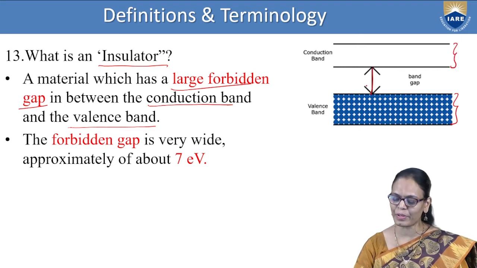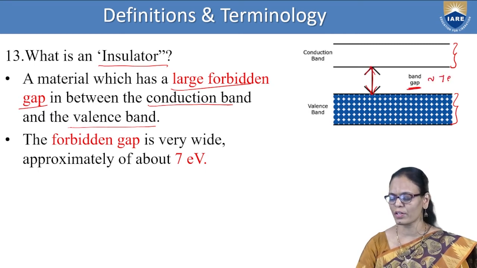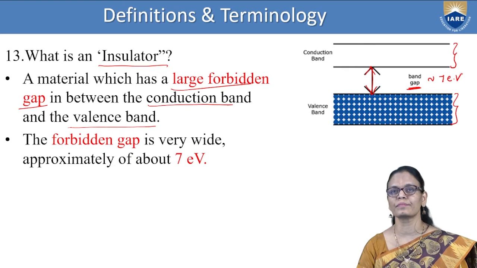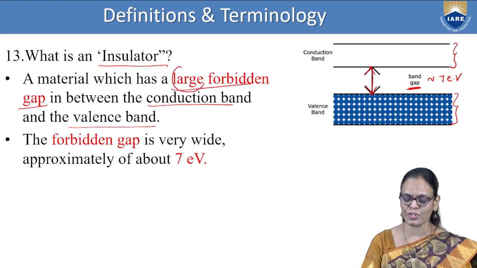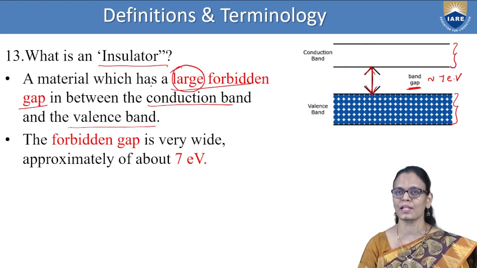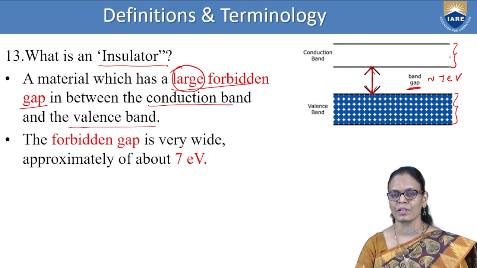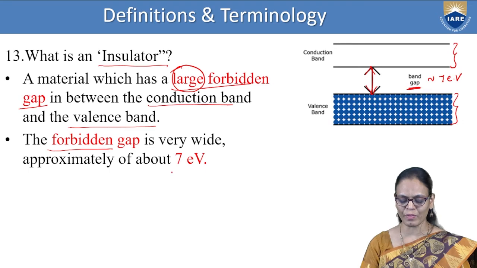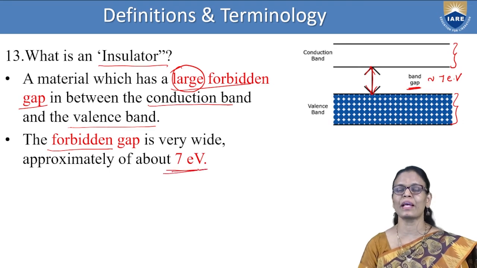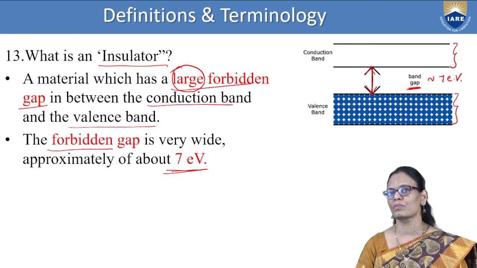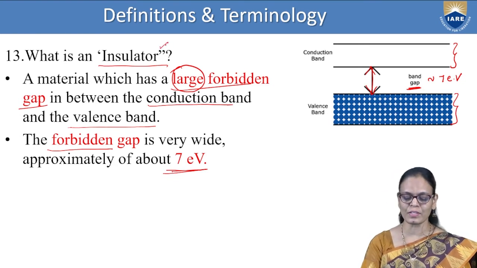And the gap between the two is the band gap, which is almost of the order of 7 electron volt. So there is a large forbidden gap, or energy gap, between the valence band and the conduction band. The forbidden gap is very wide, about 7 electron volt. That is why we call it an insulator.